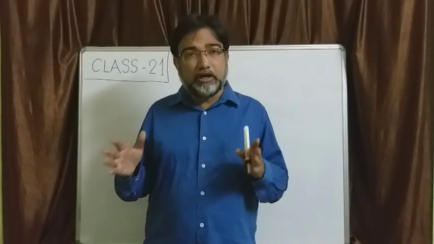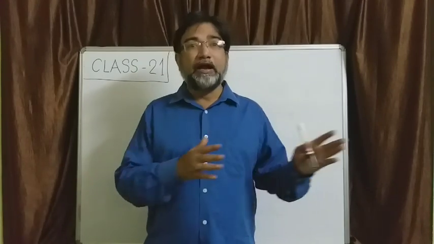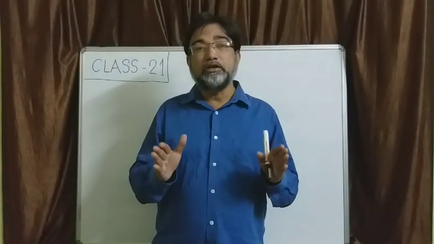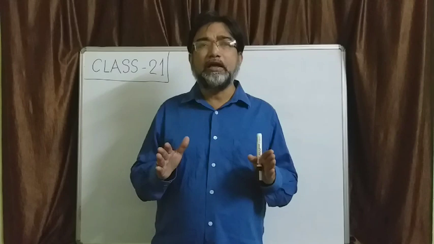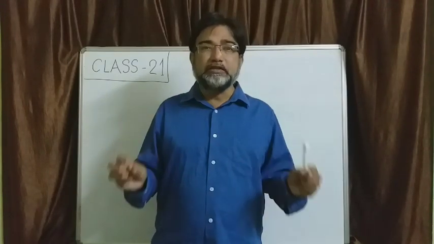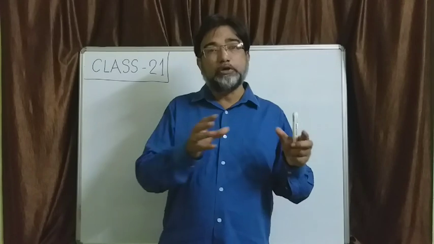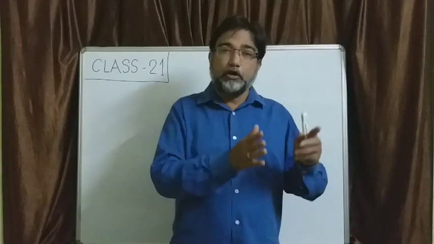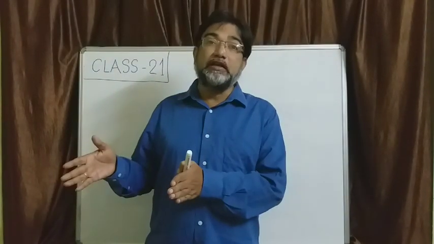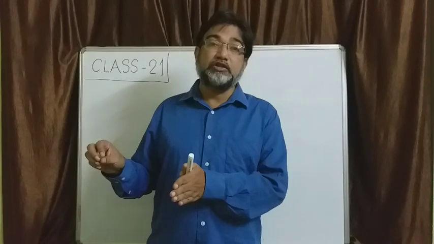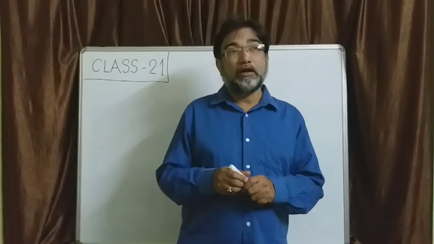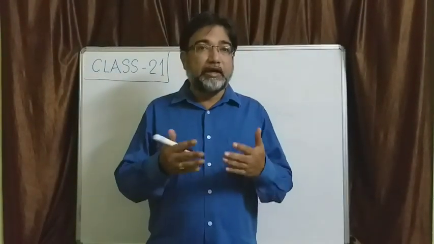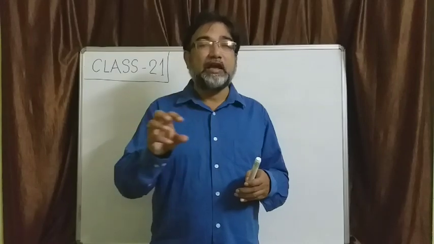So there must be some relationship between the heat transfer dq and this entropy ds. They tried to establish a relationship between these two, and let us see what exactly is the relationship as far as the quantification is concerned between ds, where ds is literally the change in entropy and entropy is a point function, and dq by t literally is a path function and q is heat transfer. Okay, so let us try with the help of our common sense and logic to establish what is the relationship between ds and dq by t.